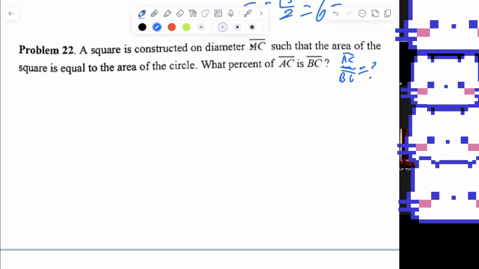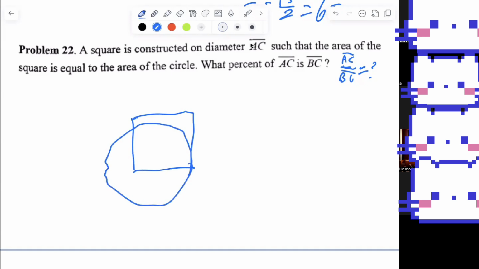Okay. So this was the square, right? And the circle is over here, and that's on the radius. That's basically it.